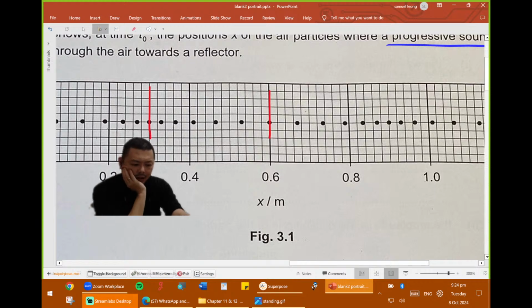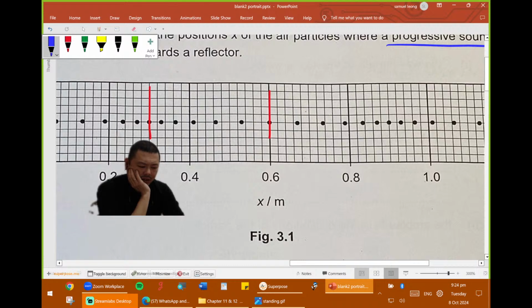Let's try to find out where they were originally at. Is it 3 boxes away from each other or 2 boxes away? One, two, three, four, five. 5 particles. How much space do I have? 0.3.